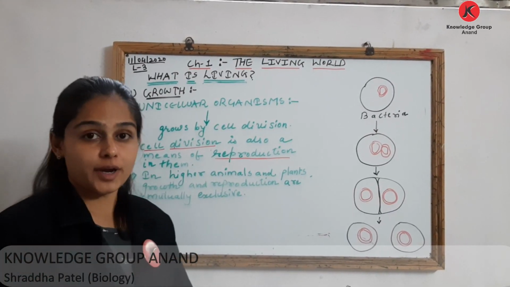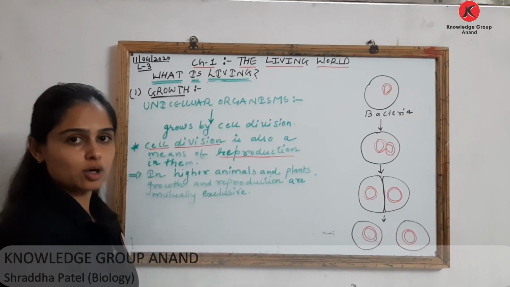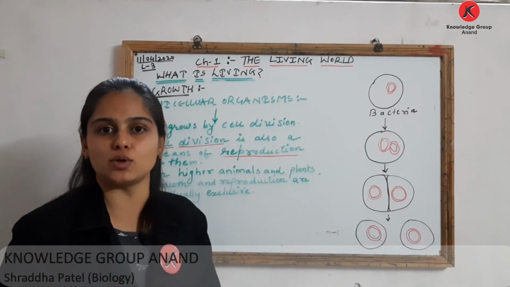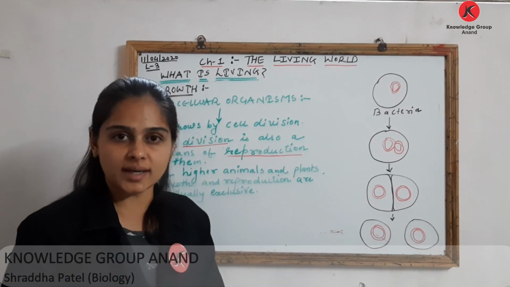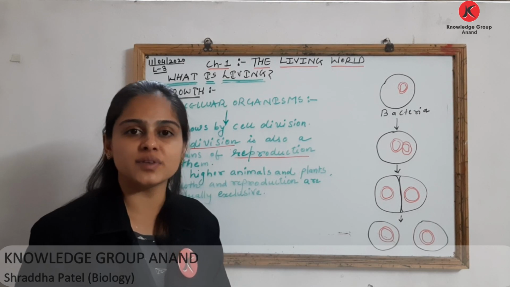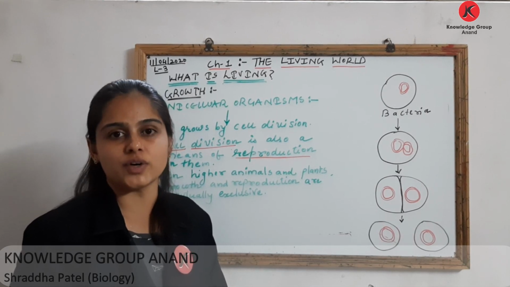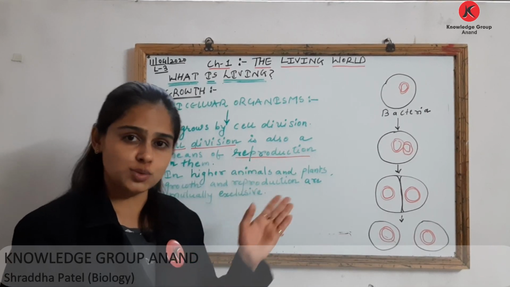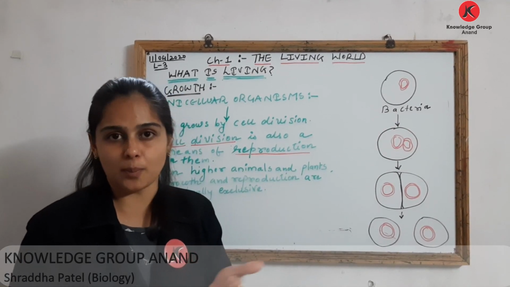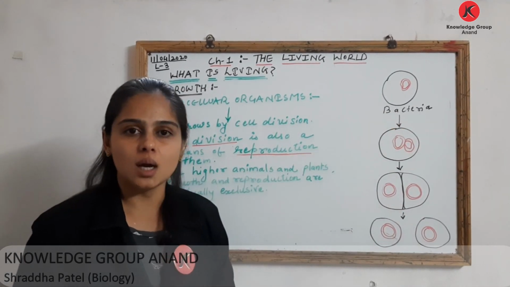Okay, now if we are talking about unicellular organisms, right? Once again, if you are talking about unicellular organisms, this organism belongs to kingdom Monera. If you have understood the five kingdom classification of R.H. Whittaker, most probably we are taking the example of bacteria, right? Kingdom Monera. Monerans are nothing but your bacteria.